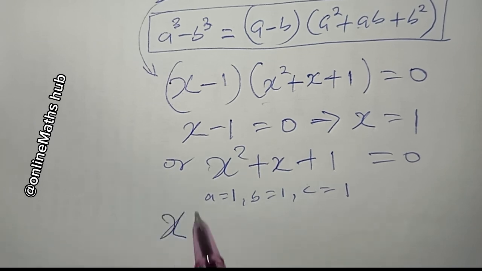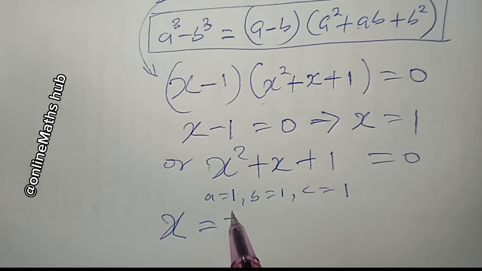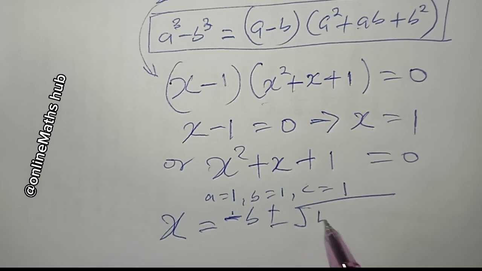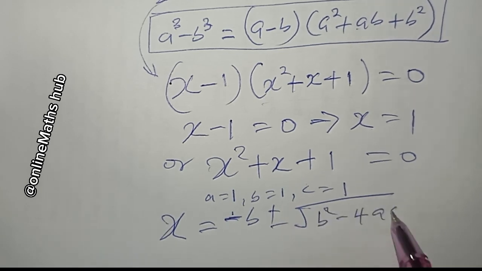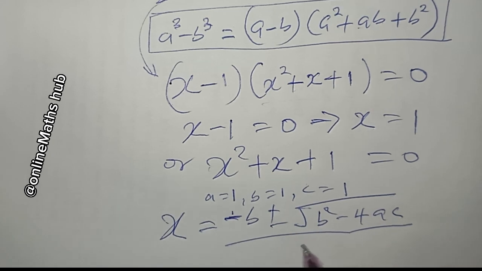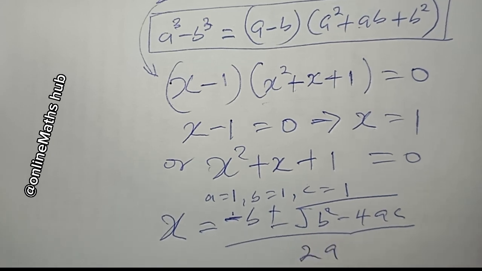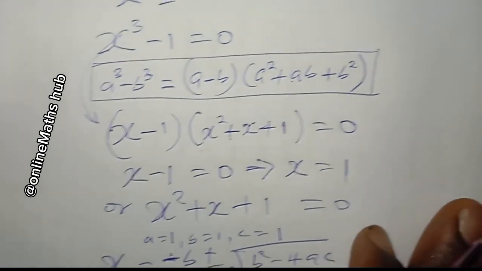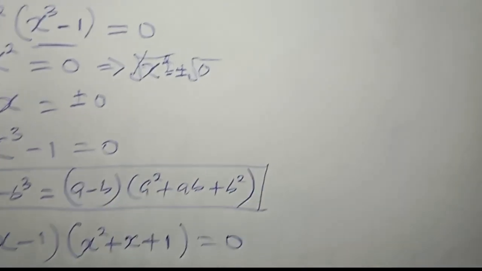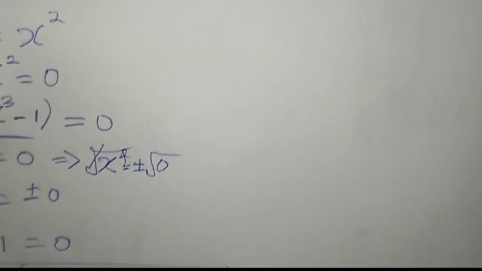Okay, so of course our x from the formula is minus b plus or minus the square root of b squared minus 4ac, all divided by 2a.